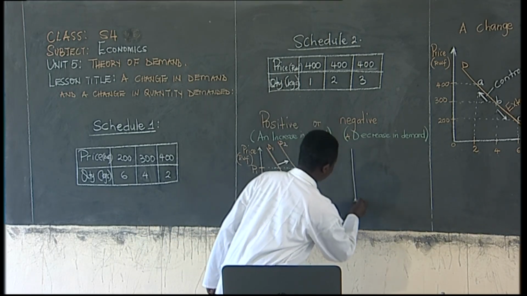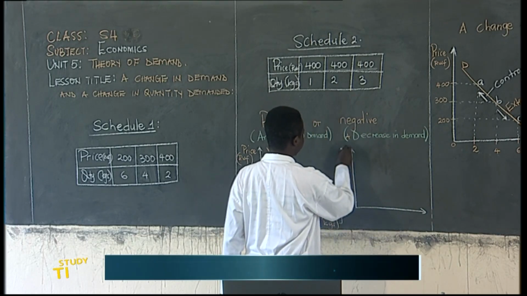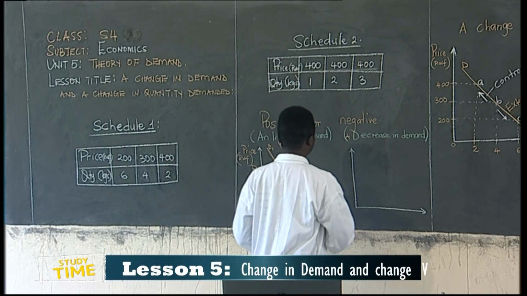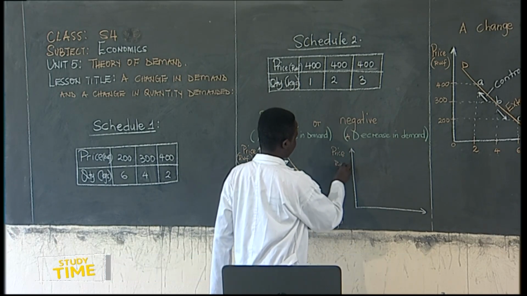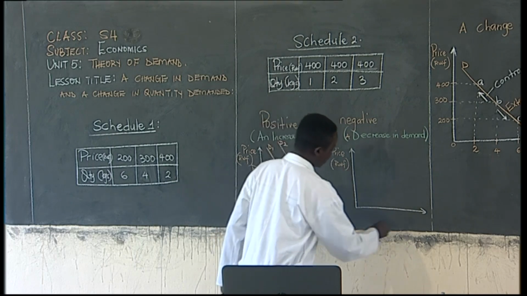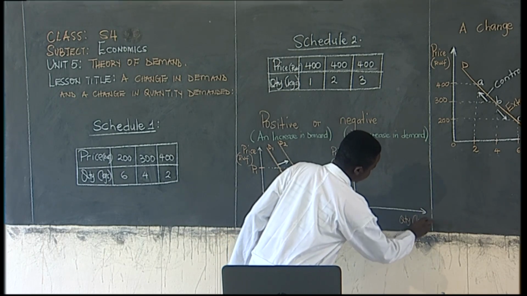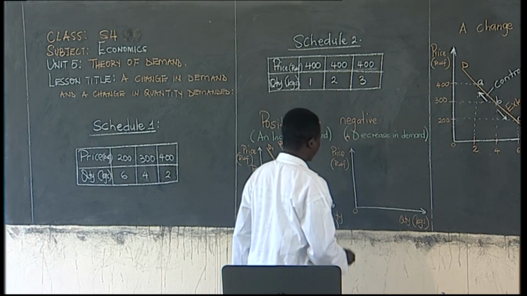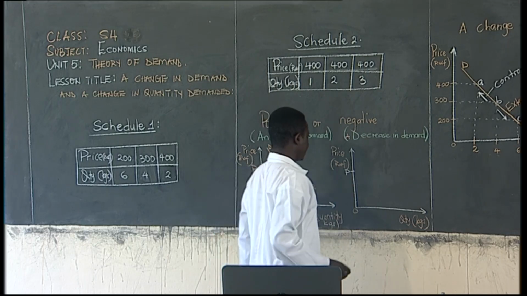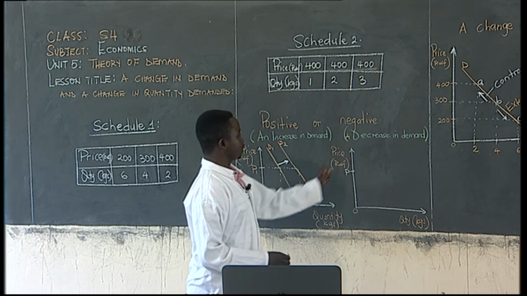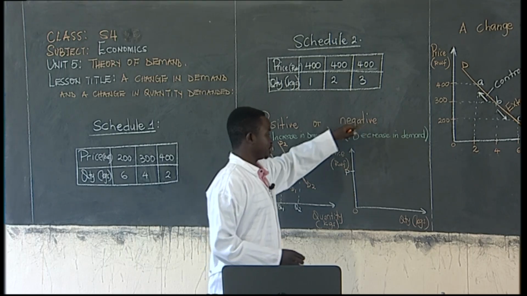Our price is constant, maybe in Rwandan francs, then we have our quantity demanded, maybe in kilograms. So we want to see a decrease. Here a change has been positive, but here it is going to be negative.